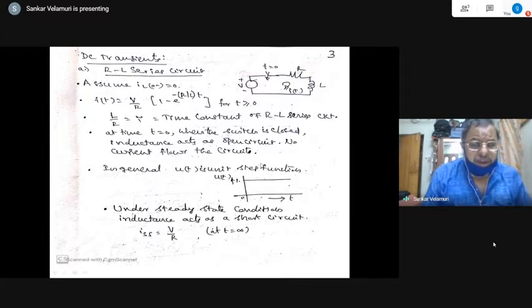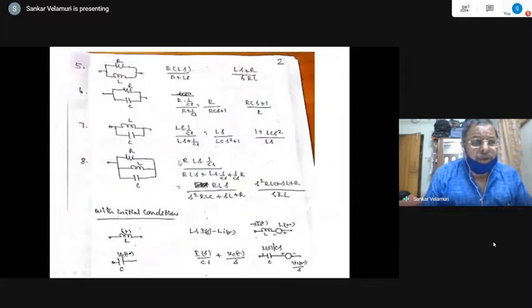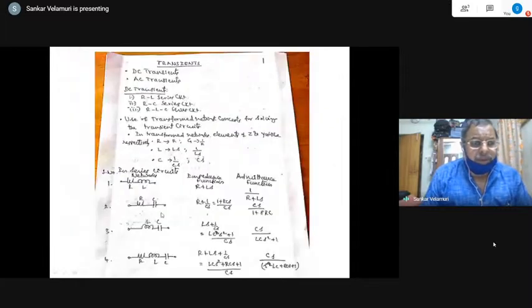So transient analysis or response with respect to a step function is one and the same. The steady state current is V by R. Inductance acts as a short circuit in steady state and as an open circuit initially. This is the expression for the current at any instant of time. L by R is the time constant of the circuit, and I have explained the properties of the circuit elements with respect to the transformed parameters.